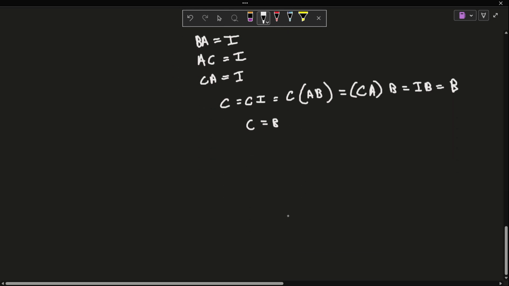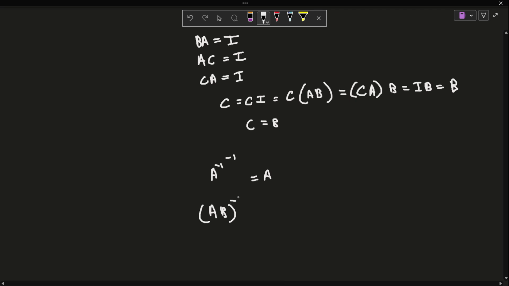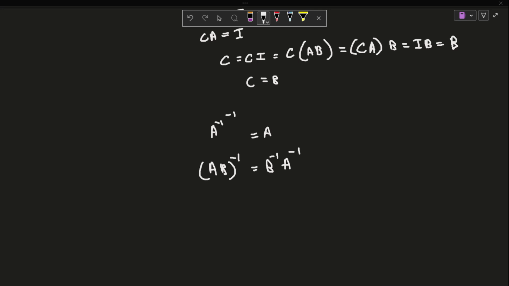Some other cool properties to note: the inverse of the inverse is just going to equal the original matrix. If you have two matrices multiplied together and then you take the inverse of this, you actually get this weird looking pattern here that we will definitely look at later, because it's a very, very cool proof as well.